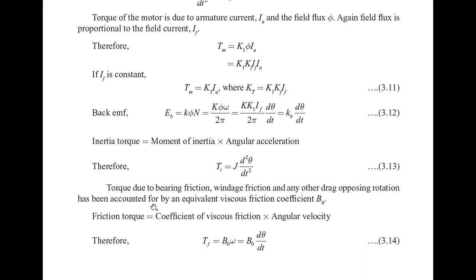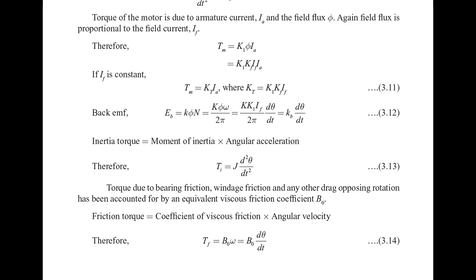And also another torque that is developed in the DC servo motor is the torque due to bearing friction and windage friction, and any other drag opposition to the rotation. It is accounted for as the viscous frictional coefficient.